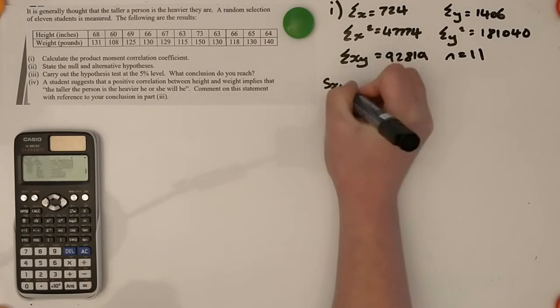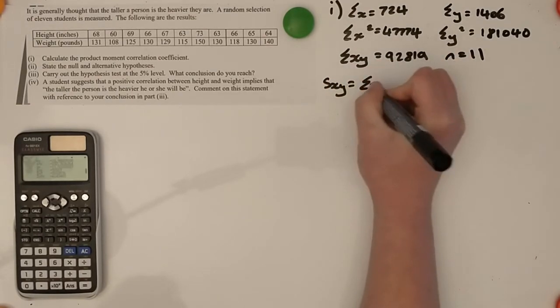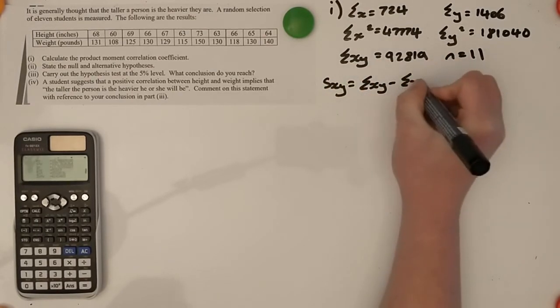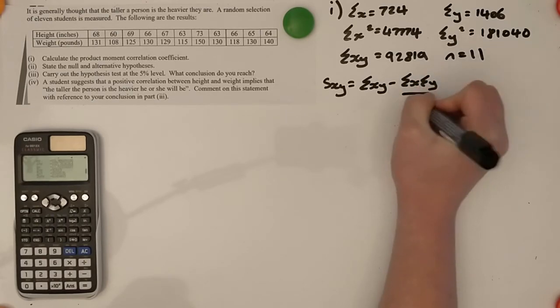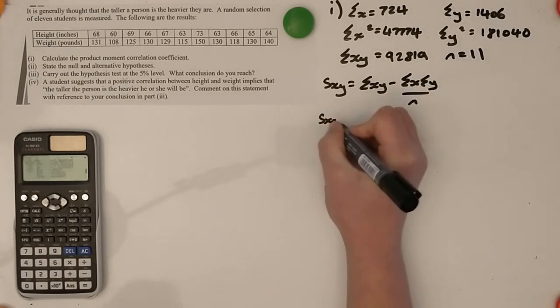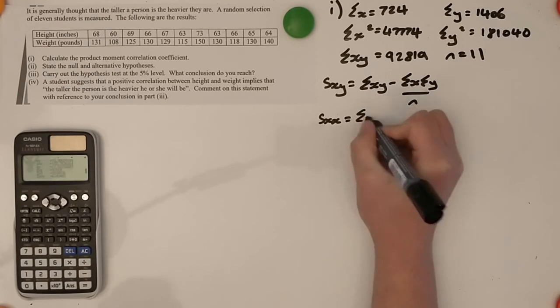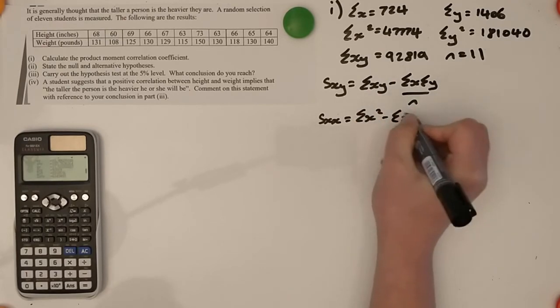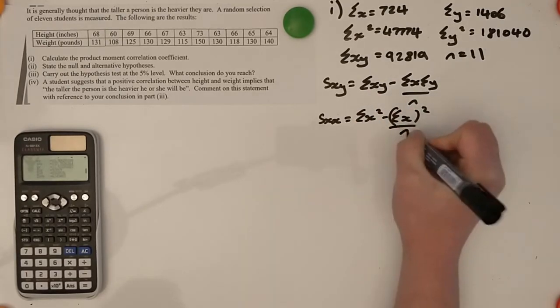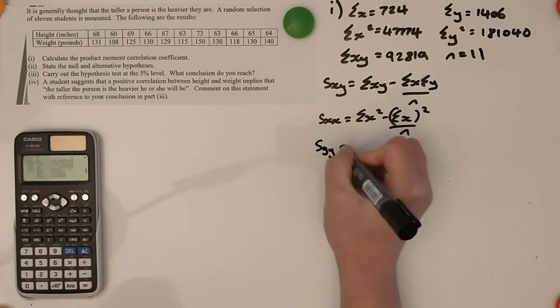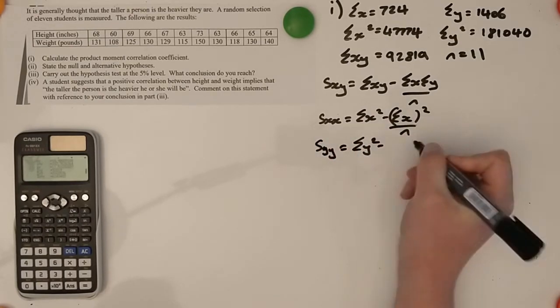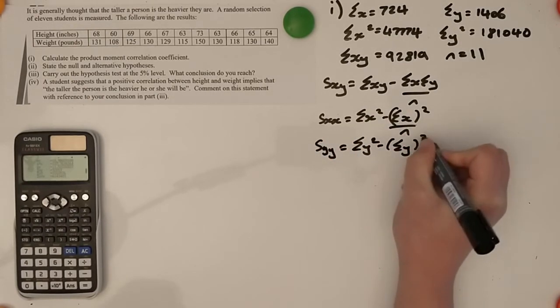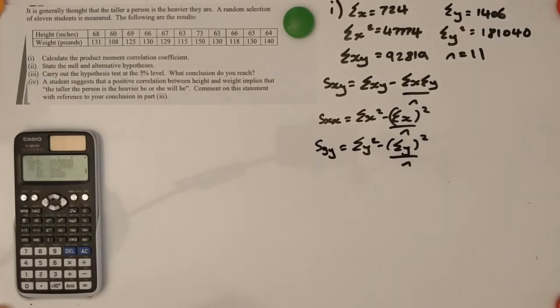So we need to find our values. So Sxy is sum of xy minus sum of x, sum of y over n; Sxx is sum of x squared minus sum of x squared over n; and Syy is sum of y squared minus sum of y squared over n.